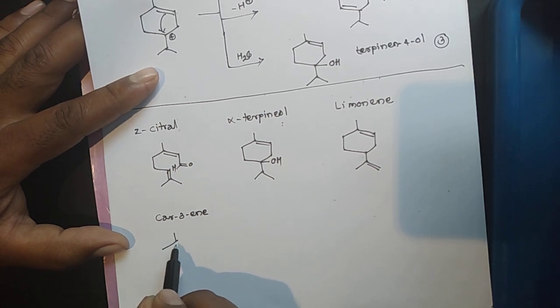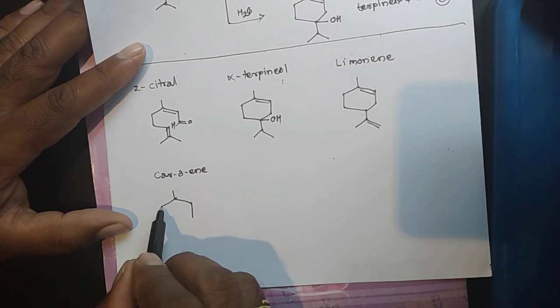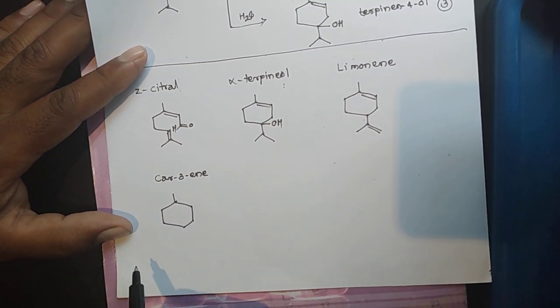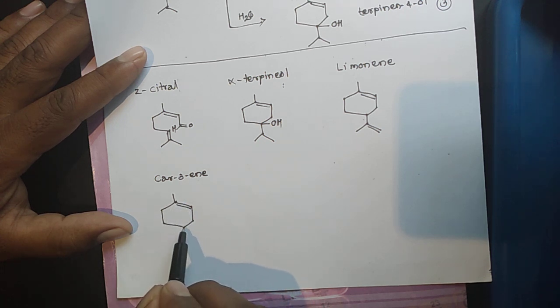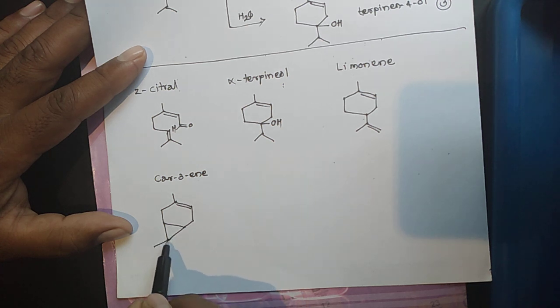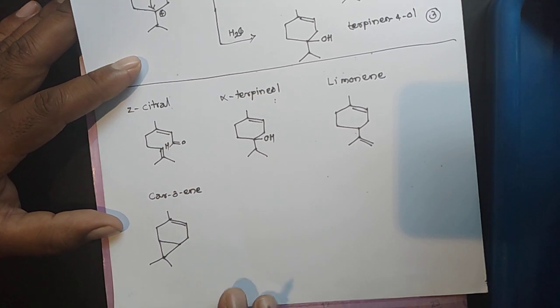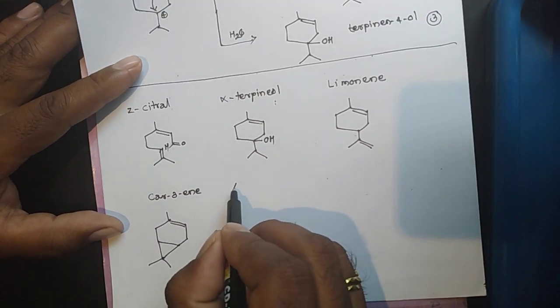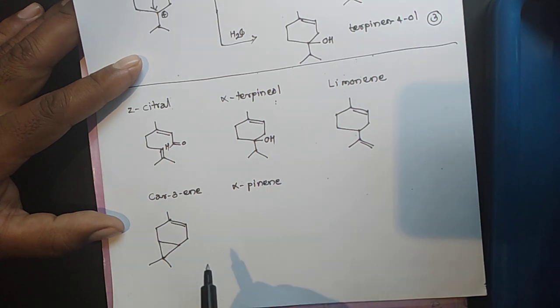So this compound is like this, with a double bond here, and this downside is a bicyclic compound. Okay, so this is carene. Then another compound which is alpha pinene.